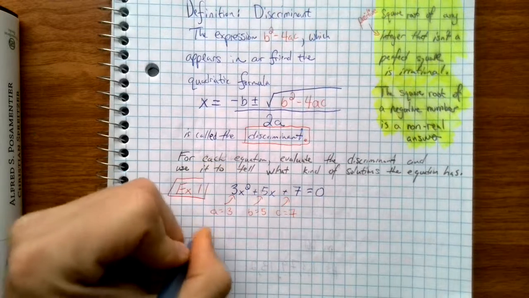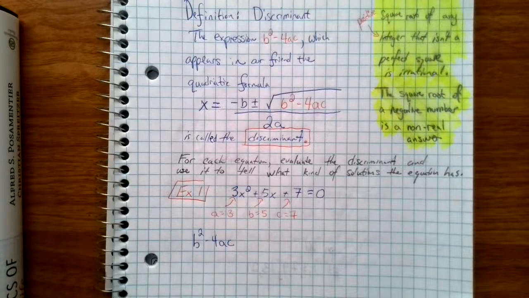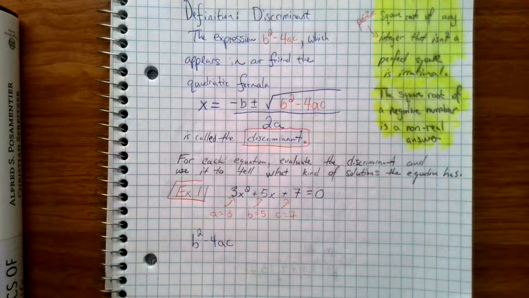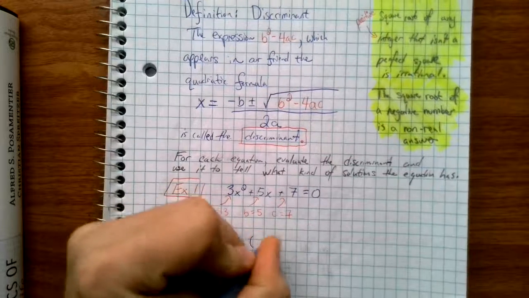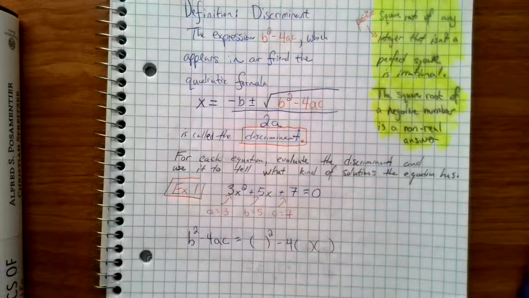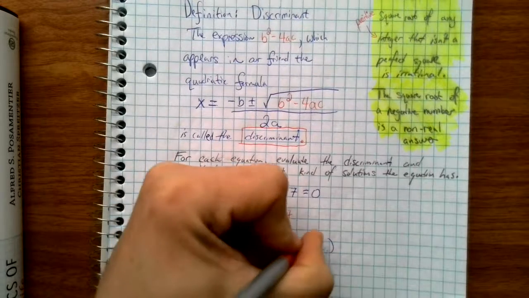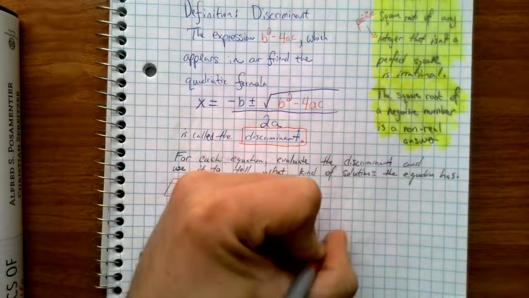What we are then going to do, and I'll rewrite it for our reference because this is new, is plug that information directly into the discriminant, which is just b squared minus 4ac. Remember, as just a good habit, use parentheses. If you need them, they're there, and if you don't need them, it's not going to make your answer wrong.